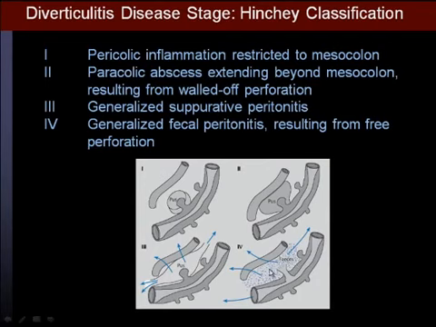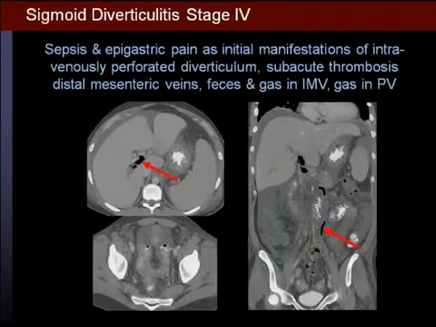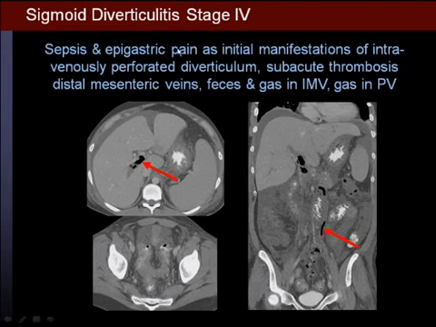usual stoma formation. And an example, this is a patient with diverticulitis stage 4, clinically sepsis and epigastric pain as initial manifestation of a perforated diverticulum.